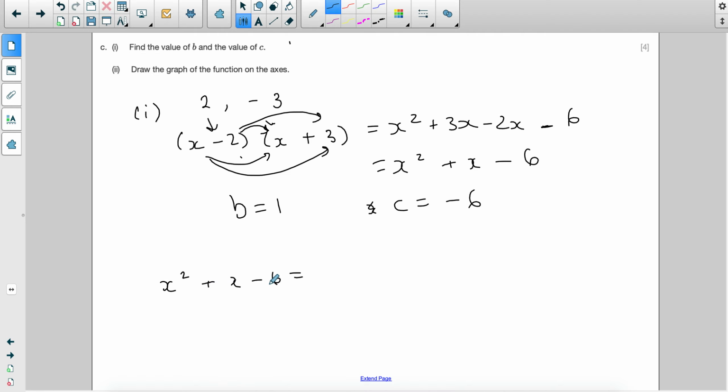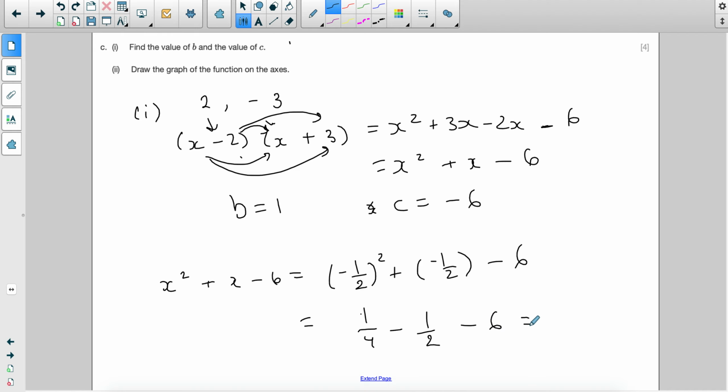So I'm going to substitute negative 1 over 2: 1 over 4, plus negative 1 over 2, minus 6. So this will be 1 over 4 minus 1 over 2 minus 6.